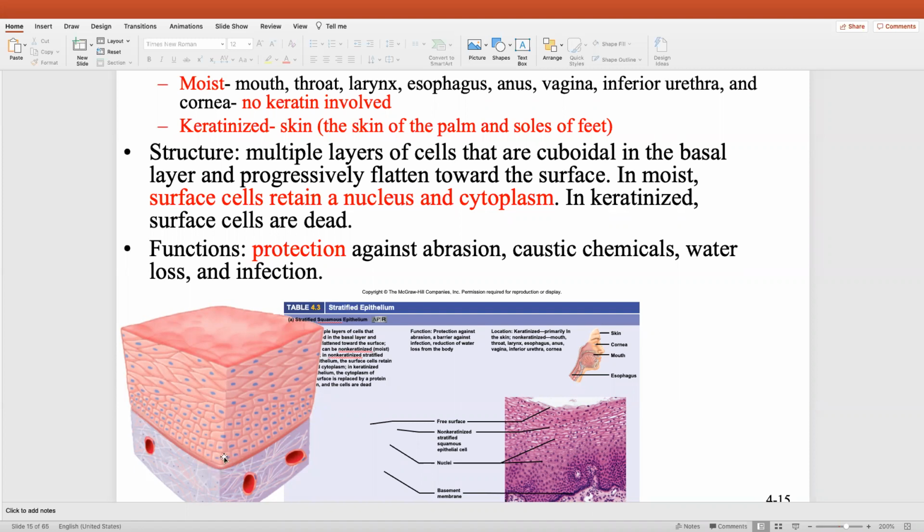So shouldn't it be called stratified cuboidal cells? No, we call it stratified squamous because we look at the top layer. The top layer of cells look squished, look squamish, right? We name stratified cells based on what it looks like at the very tip, on the very apex.